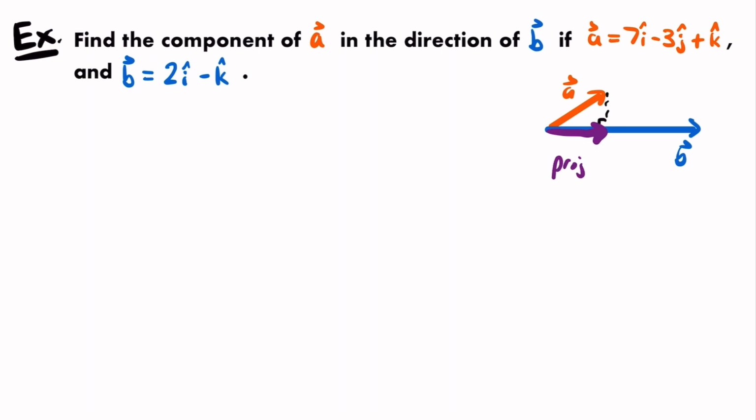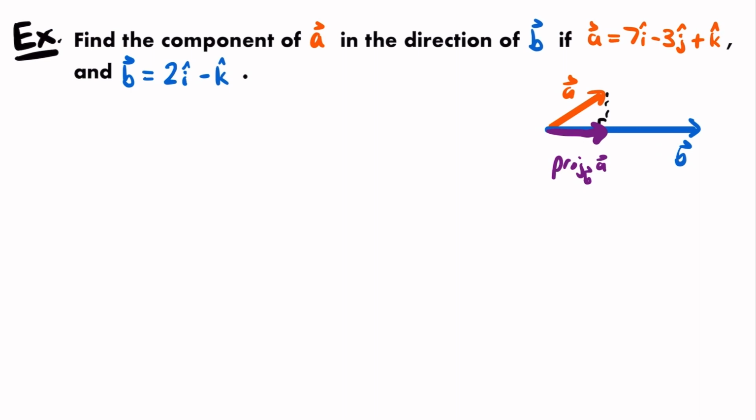That is the projection of vector A onto vector B. That represents the vector component of vector A in the same direction as vector B. So the magnitude of that vector will be just the component of A in the direction of B. It will tell you the component of this vector in this direction of vector B.